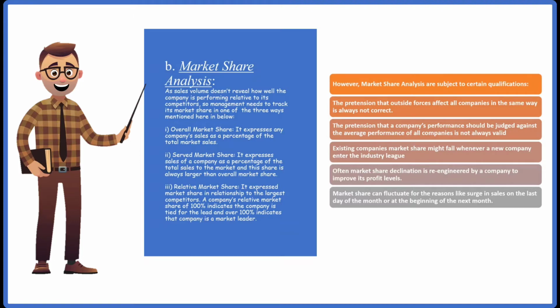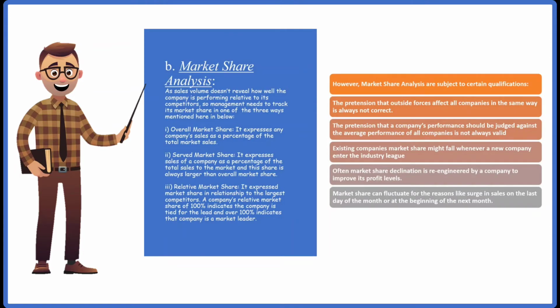The assumption that outside forces affect all companies in the same way is often not true. The next assumption, that a company's performance should be judged against the average performance of all companies, is not always valid.